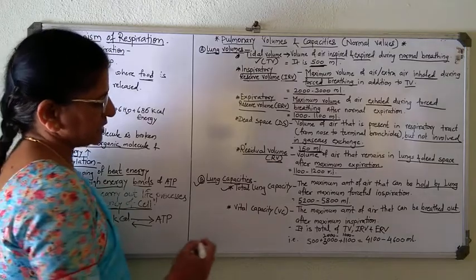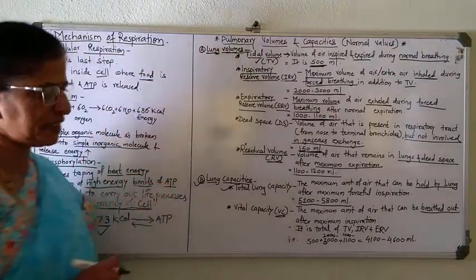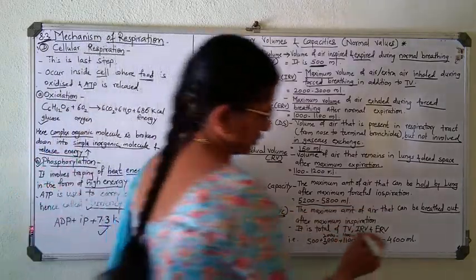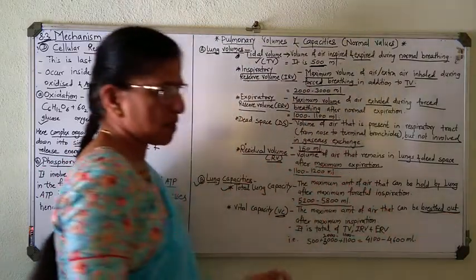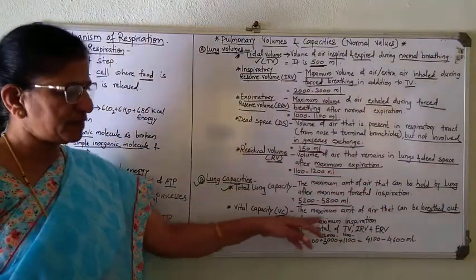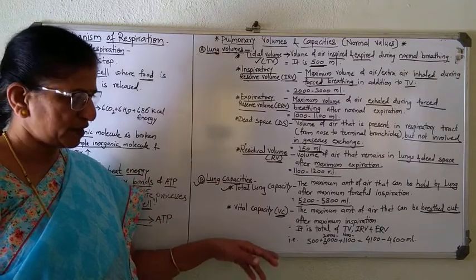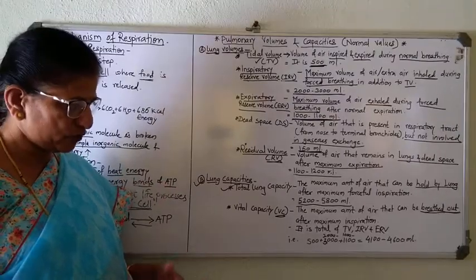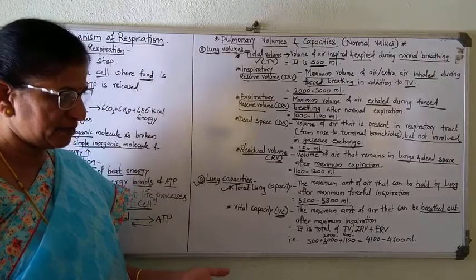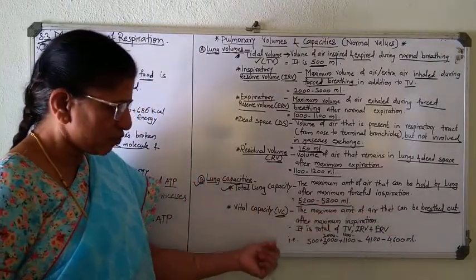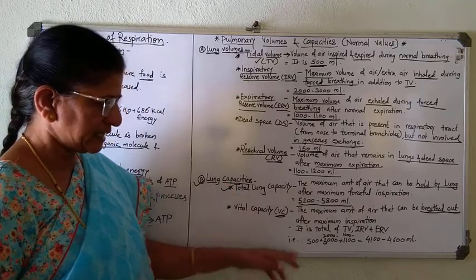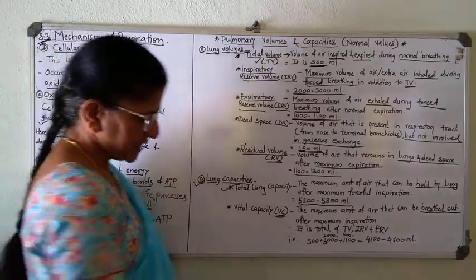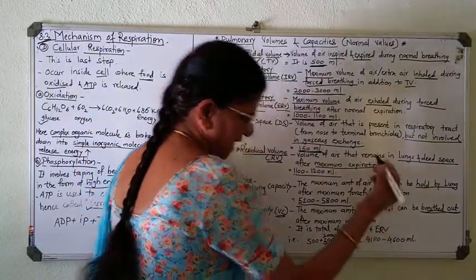Second is vital capacity, VC. What is VC? The maximum amount of air that can be breathed out. Remember, breathed out, maximum amount, after maximum inspiration. So remember, when you take forceful inspiration and then you forcefully breathe out the air, how much volume of air is present inside the lungs can be calculated by adding TV plus IRV plus ERV.